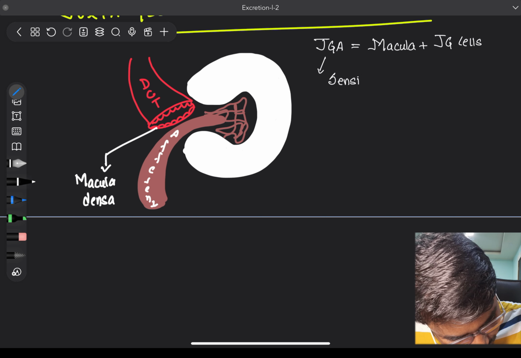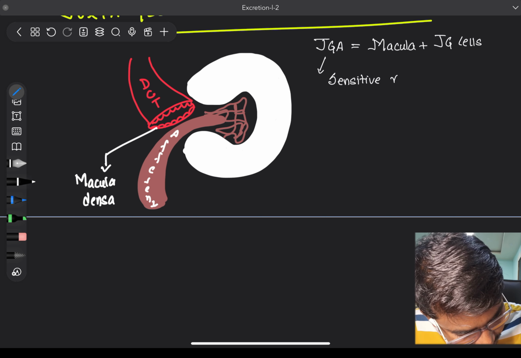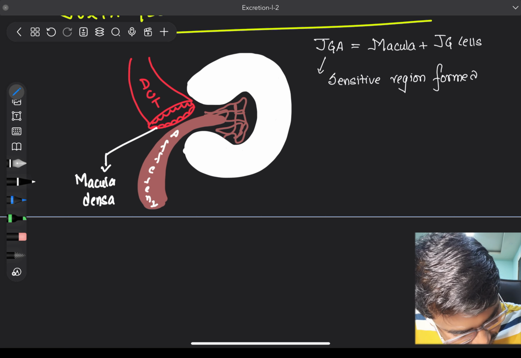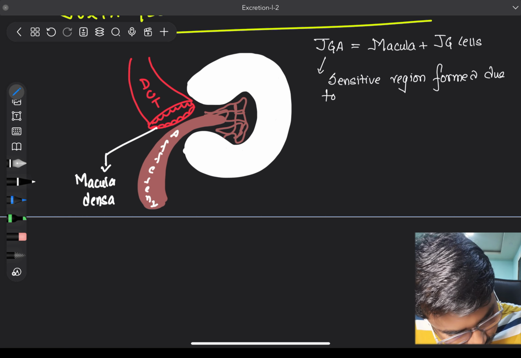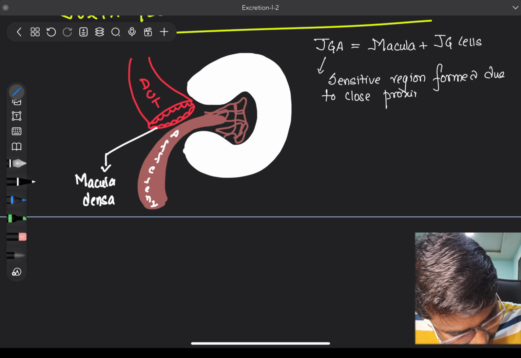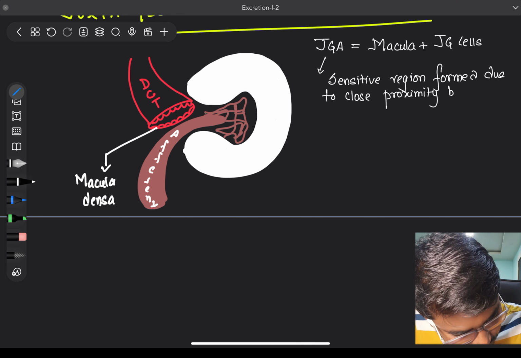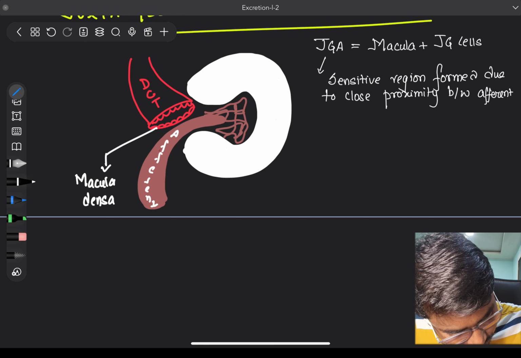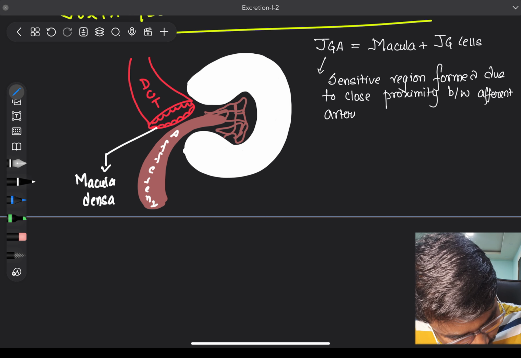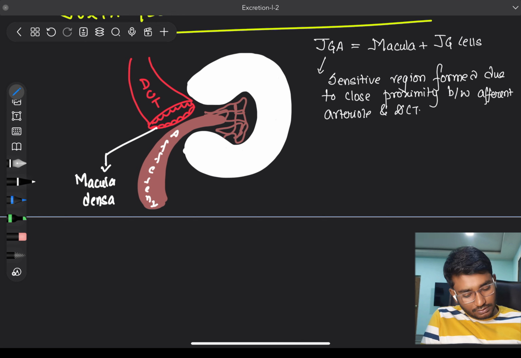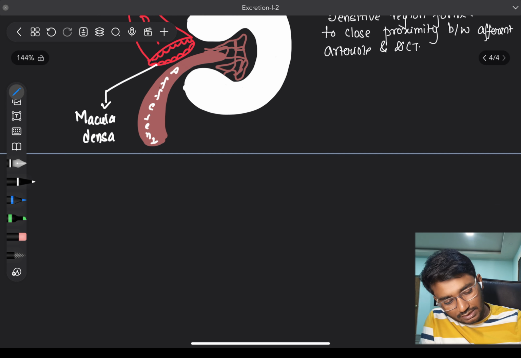It is a sensitive region formed due to close proximity between the afferent arteriole and DCT.